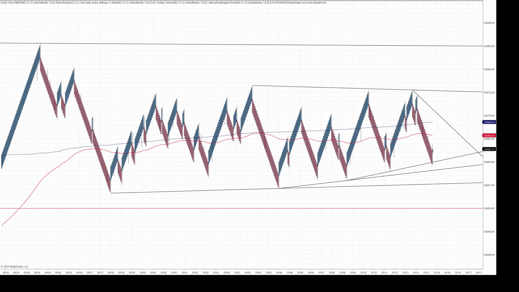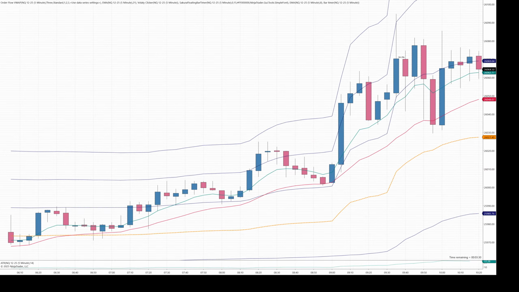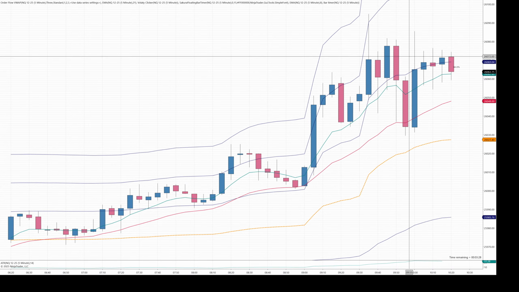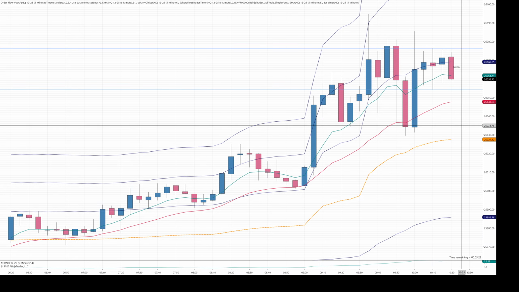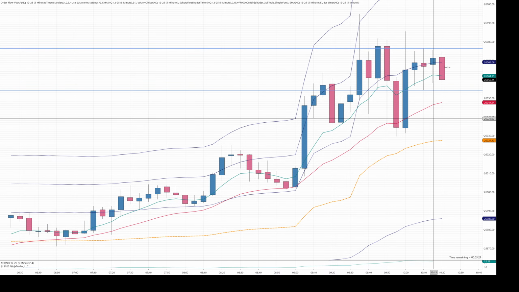I mean, if you look at the 5-minute chart, for example, on the NQ, you can also see we're kind of stuck here, right? This is the box that we're in right now. We're stuck in this box.